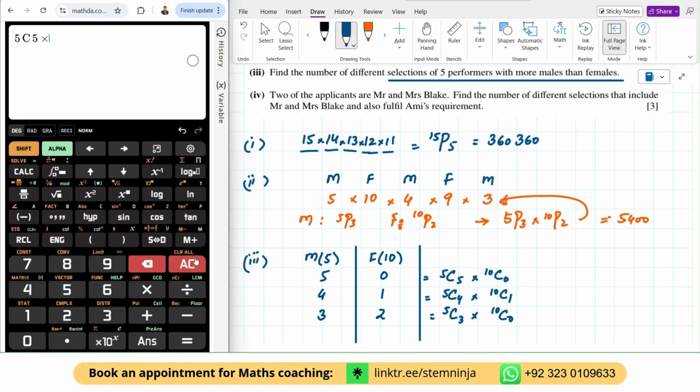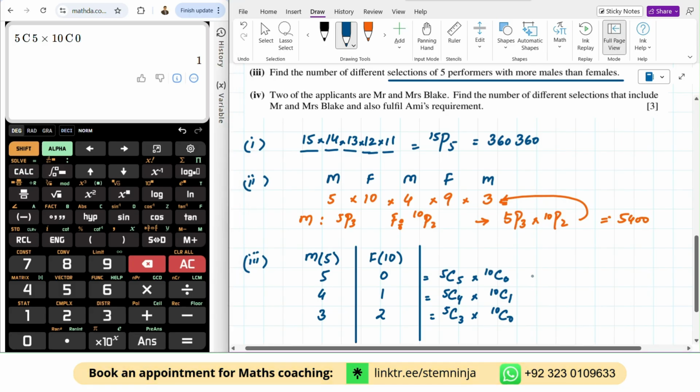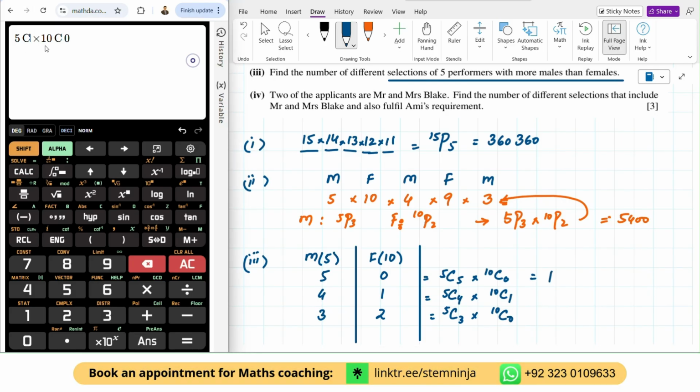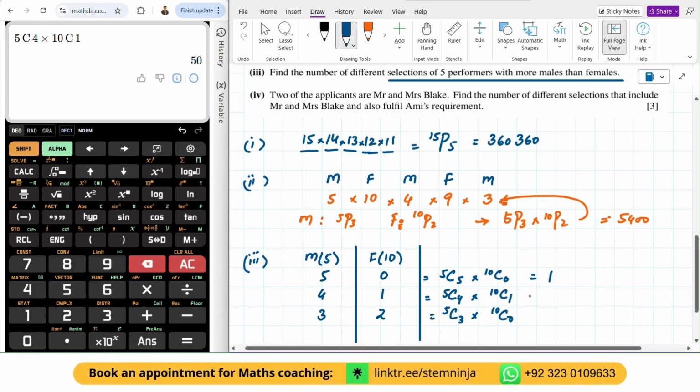So 5C5 times 10C0 is simply 1. 5C4 times 10C1 is 50.